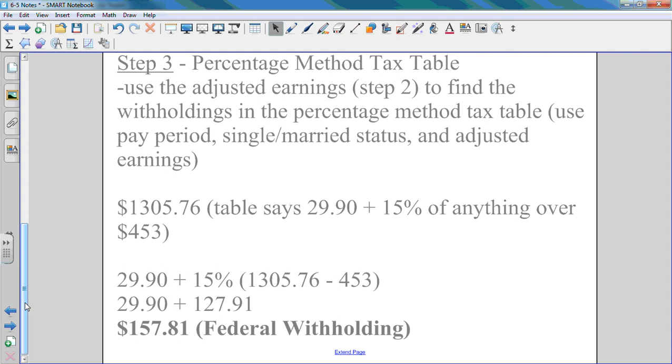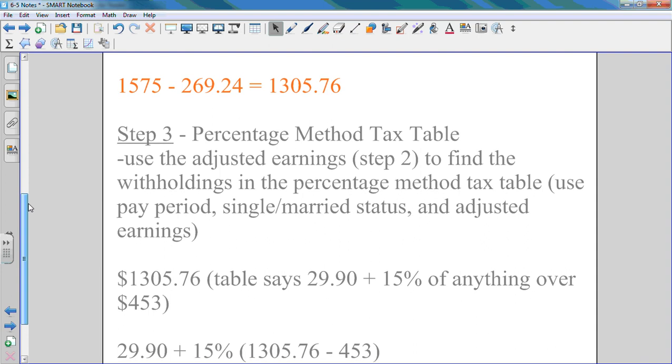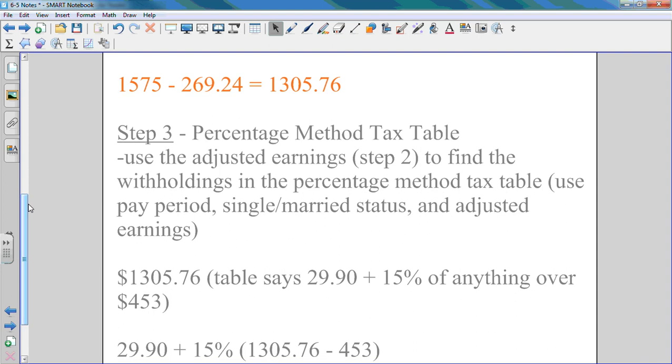Then step 3, we're going to use the tables on the bottom. Below, I'm looking for a married person weekly payroll period. So if you go to the right side of table 1, I'm looking for the number that I subtracted, which was $1,305.76.